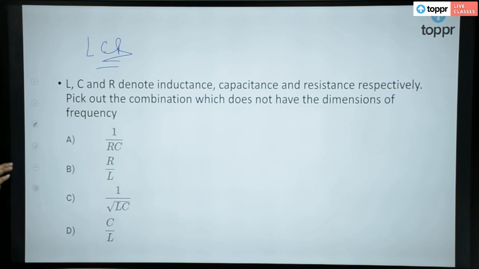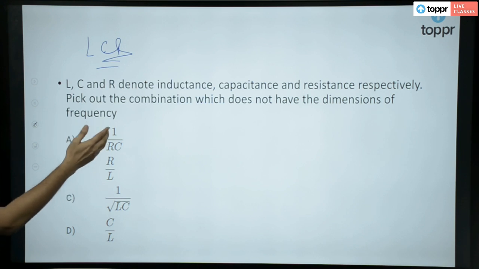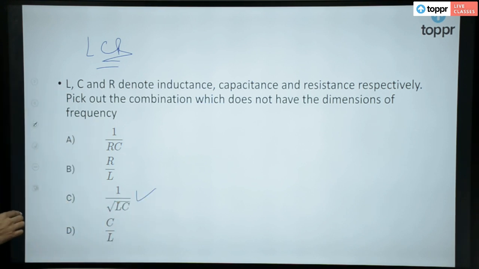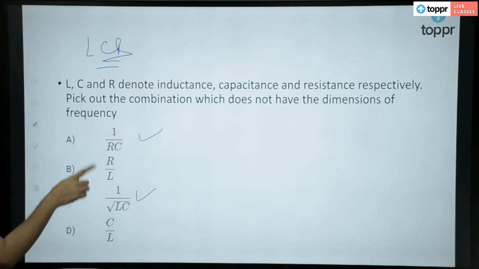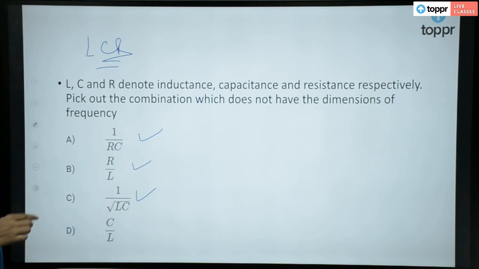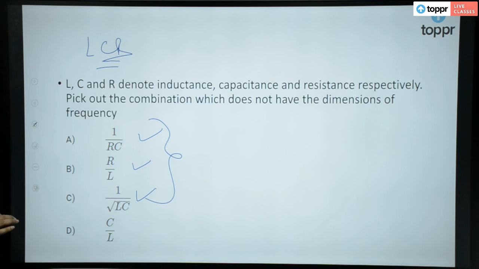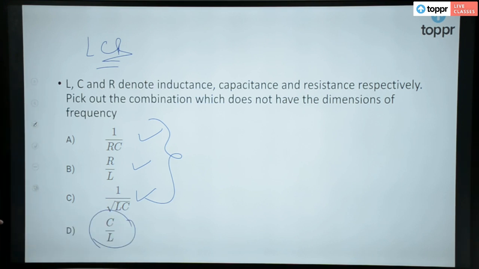For each combination, we have a resonant frequency, which is the angular frequency. For LC, it is 1 by root over LC. For RC, it is 1 by RC, and for RL, it is R by L. So these three denote the resonant frequencies, so only this one does not have the dimensions of frequency.